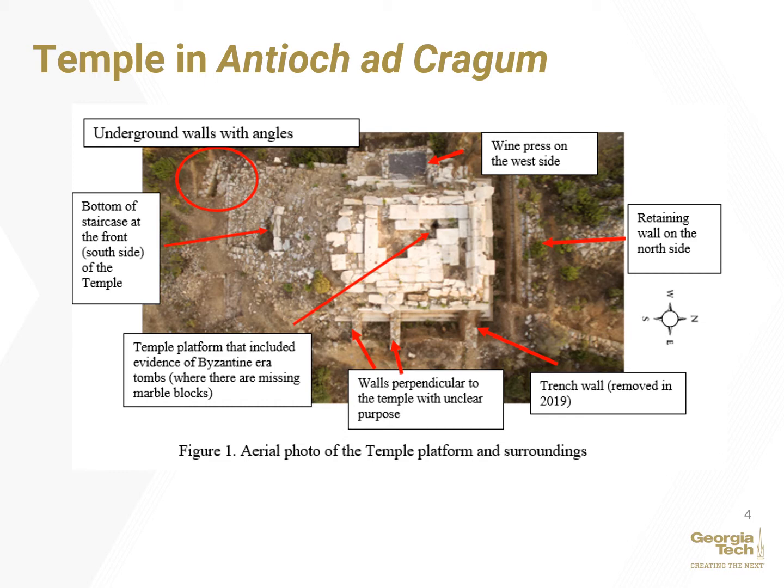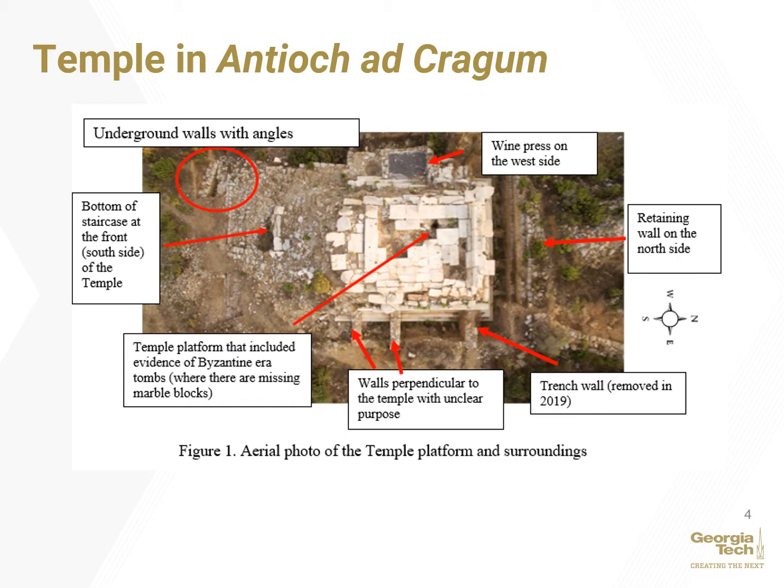On the top we see the white marble blocks that form the platform, and the holes were identified as tombs that were put there in the Byzantine era after the initial pagan use of this temple, because we found some jewelry and bones, as well as very specifically misplaced tomb-shaped block areas.